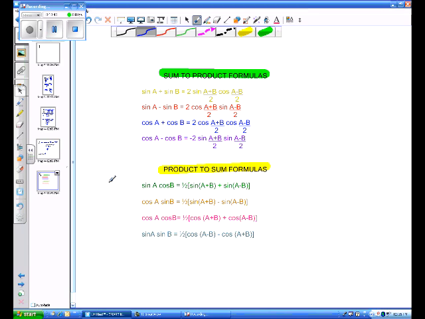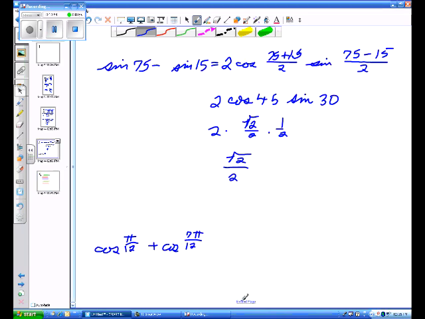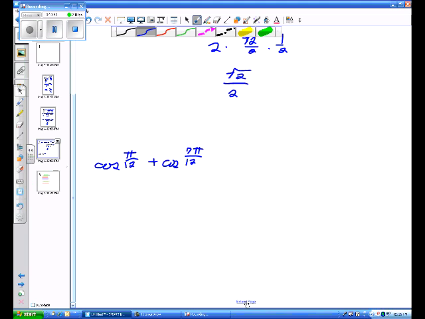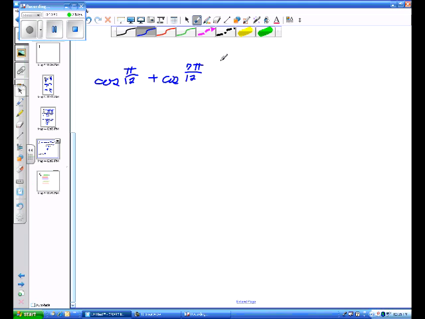Now the whole process in this is finding the formula that matches. We had a cosine plus a cosine. So it's going to be 2 cosine the sum divided by 2, cosine the difference divided by 2. So this is going to equal 2 times the cosine of half the sum of the angles.